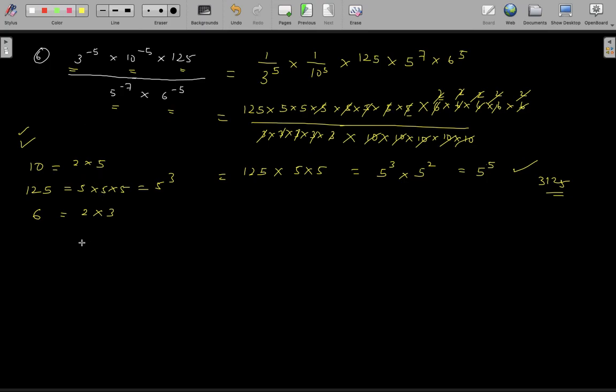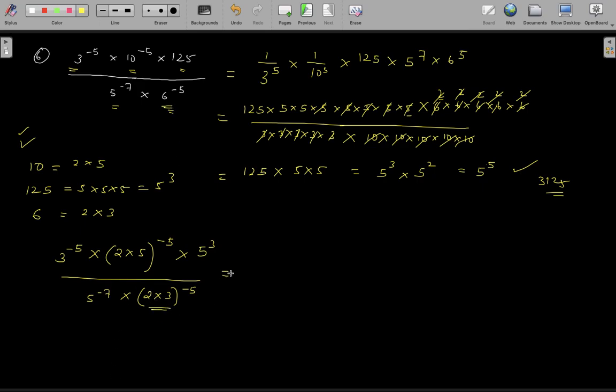That will make it 3 power negative 5 times (2 times 5) raised to the power negative 5 times 5 cube, divided by 5 raised to the power negative 7 times (2 times 3) raised to the power negative 5. So I'm just replacing the composite numbers with their prime factors.